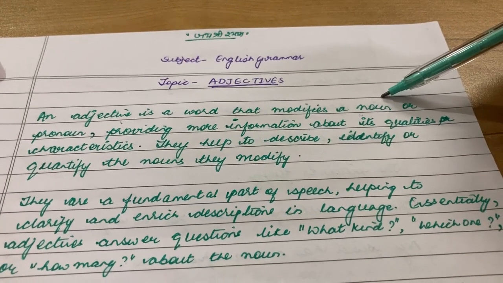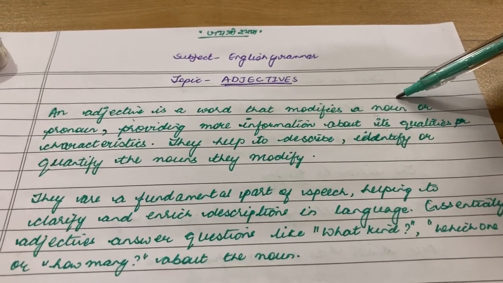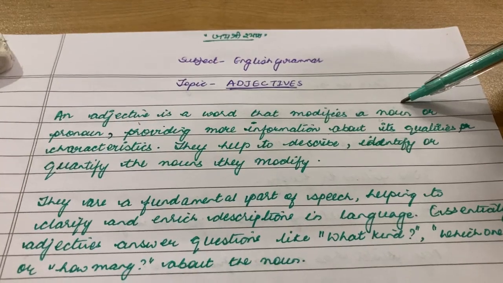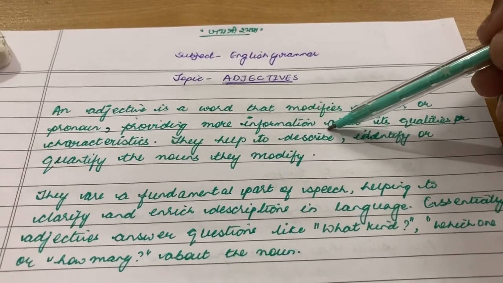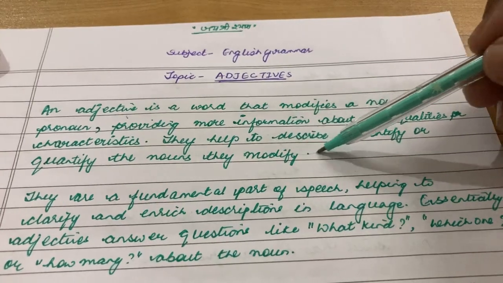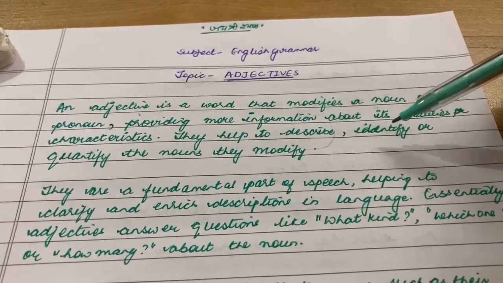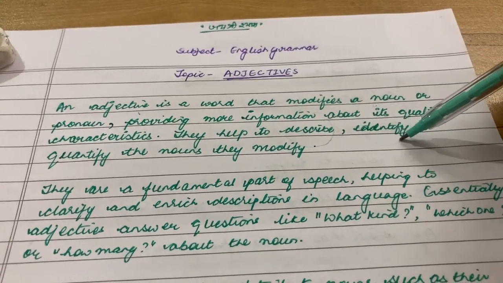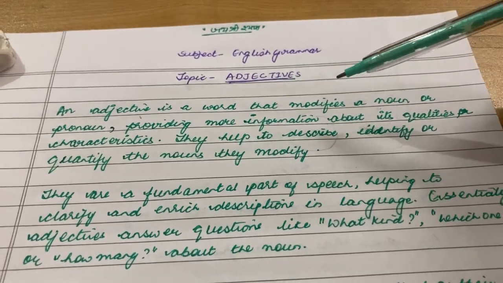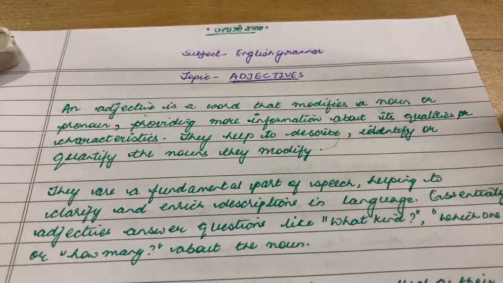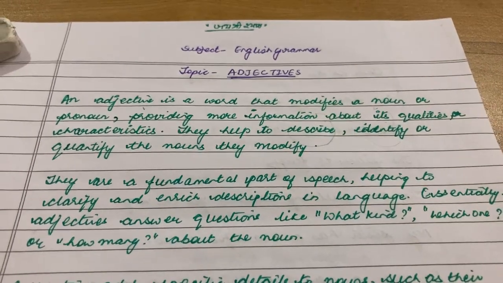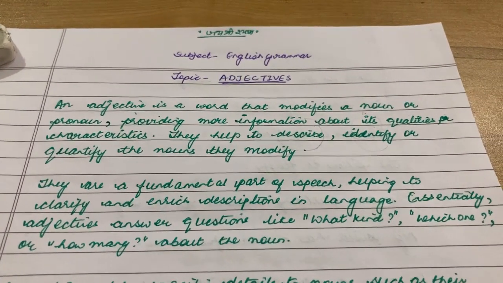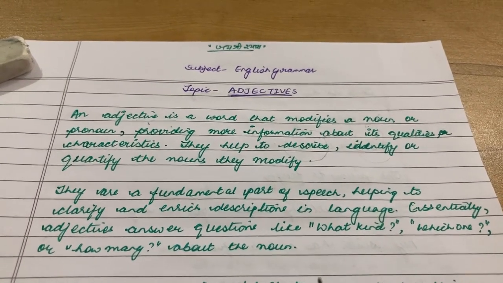They help to describe, identify or quantify the nouns they modify. So the adjectives will describe more about the noun. They will help us to identify or quantify the nouns that are being modified. They are a fundamental part of speech, helping to clarify and enrich descriptions in language.